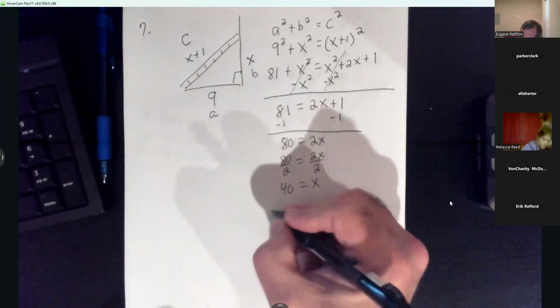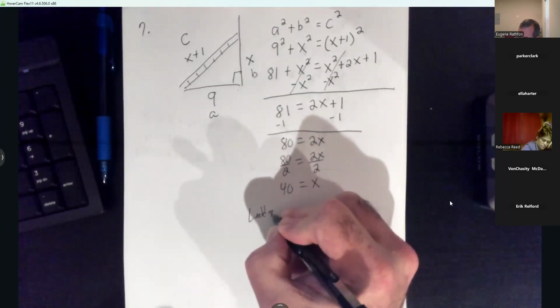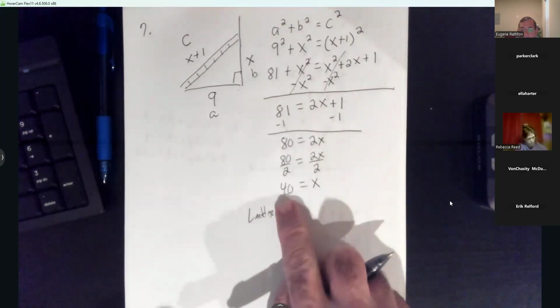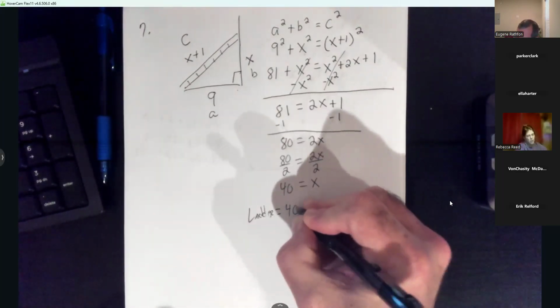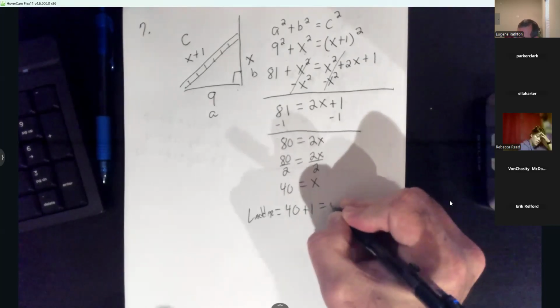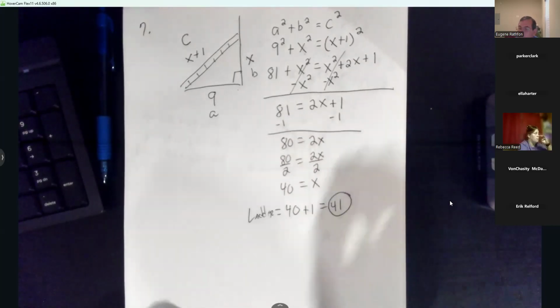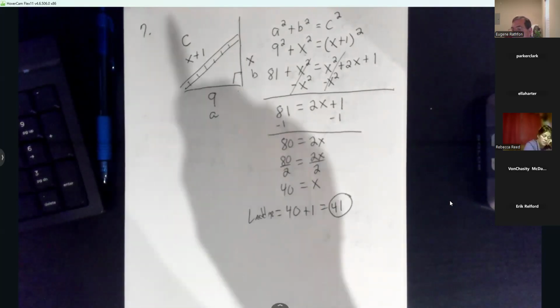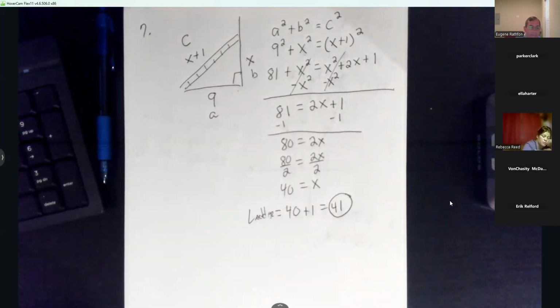Now they want to know how long is this ladder. Well, the ladder equals x plus 1. Well, x was 40. So that ladder is going to be 40 plus 1, which equals 41. Don't forget to add 1 to your x and get that ladder, okay?